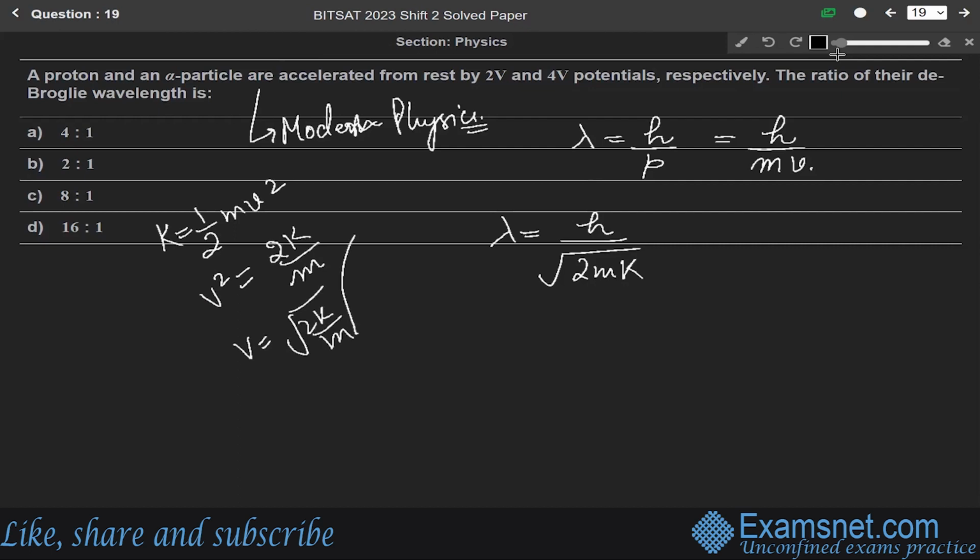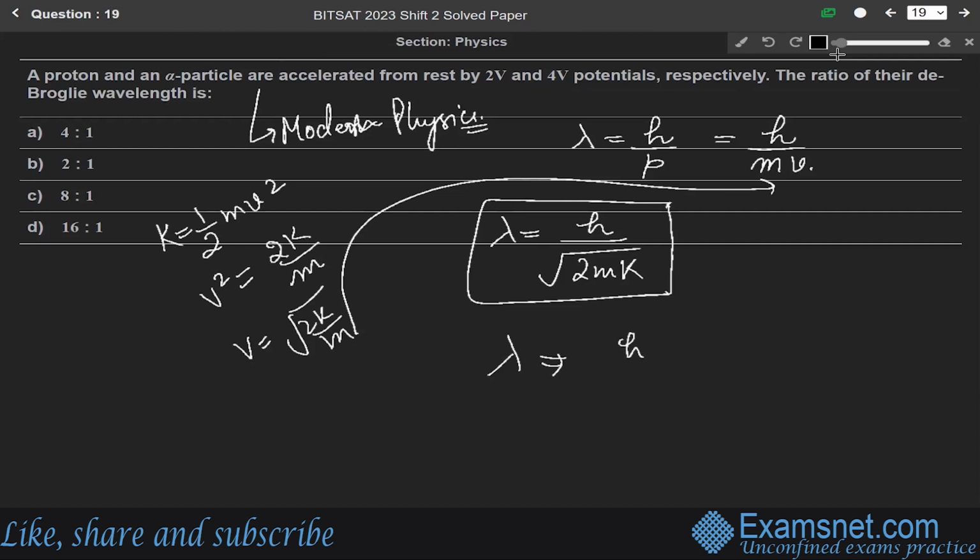So we put this value of v here, and thus we get λ equals h over under root 2mK.